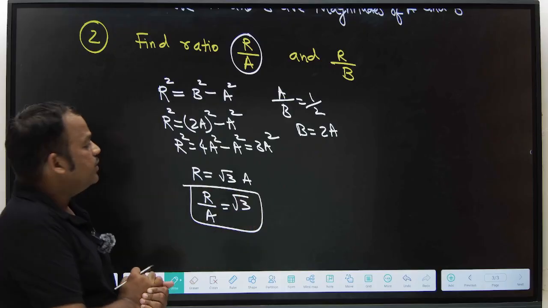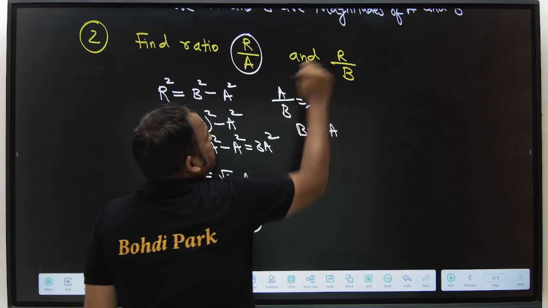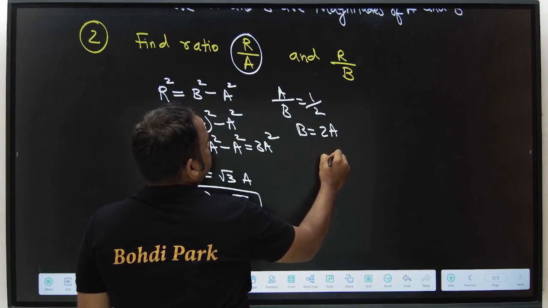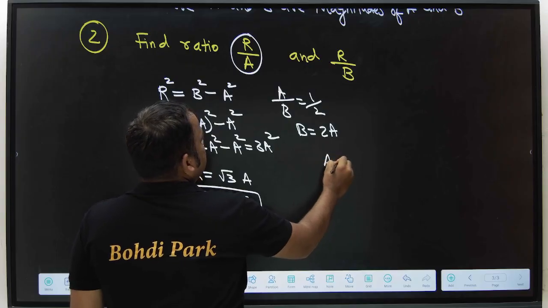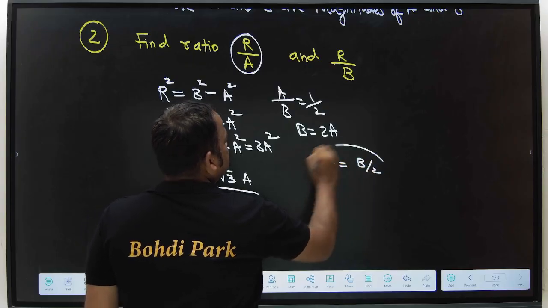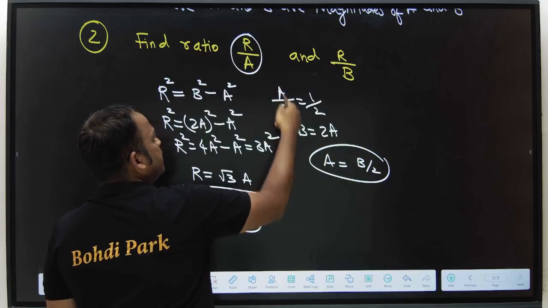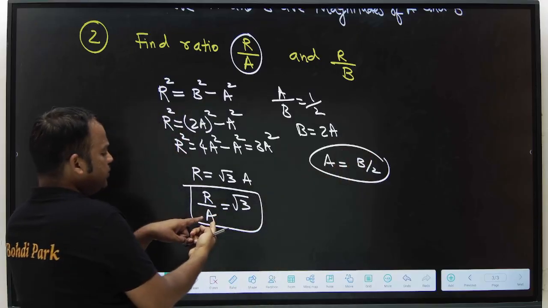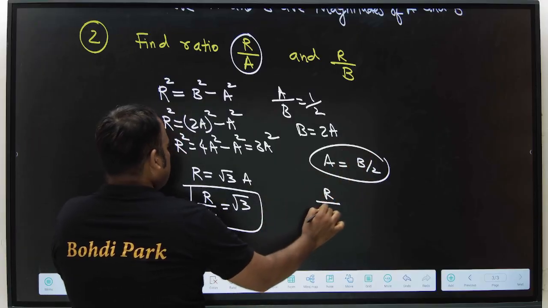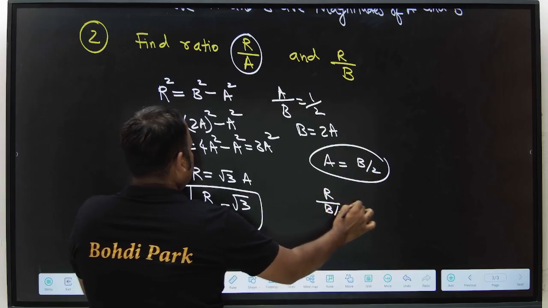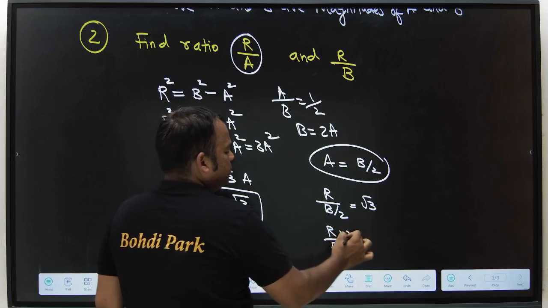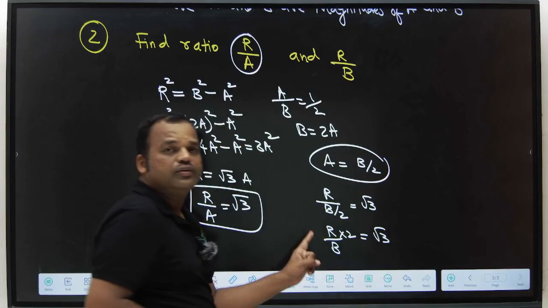So next, r by b, how to find r by b? So we have a is equal to b by 2. Using this ratio, a by b is 1 by 2, so a is equal to b by 2. We will put it here. So r divided by b by 2 is equal to root 3. So r by b into 2 is equal to root 3.